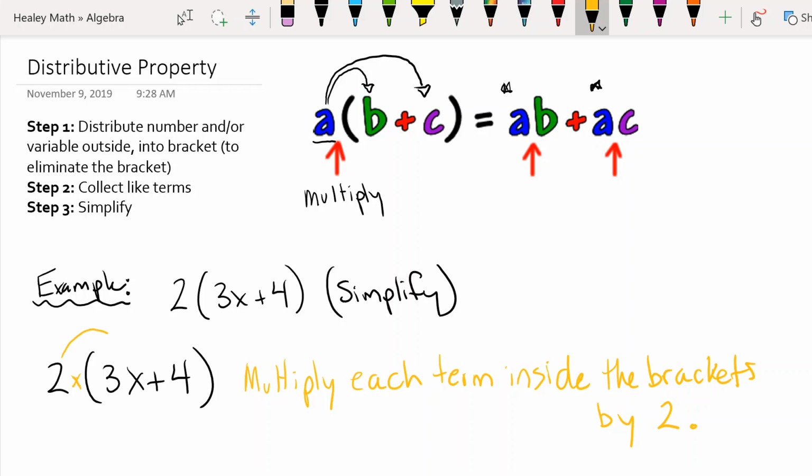So we will do 2 times 3x, plus 2 times positive 4.